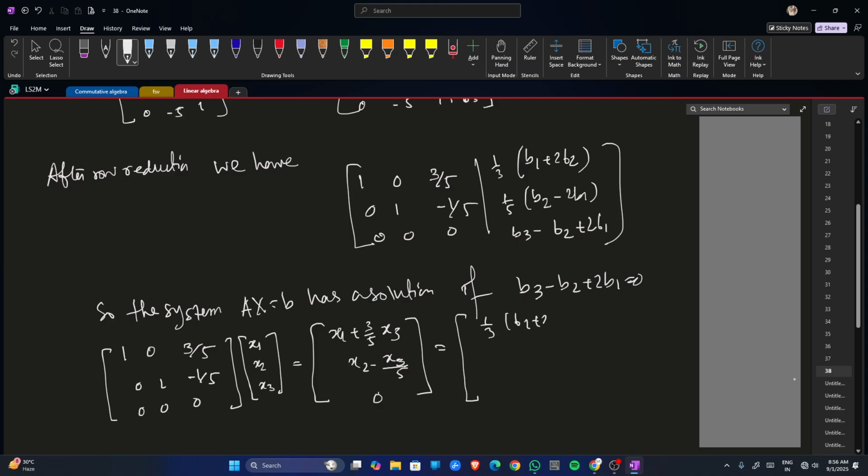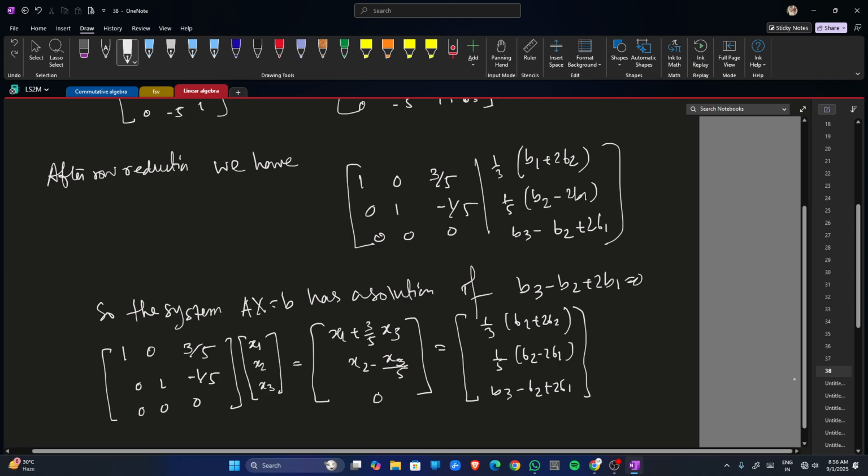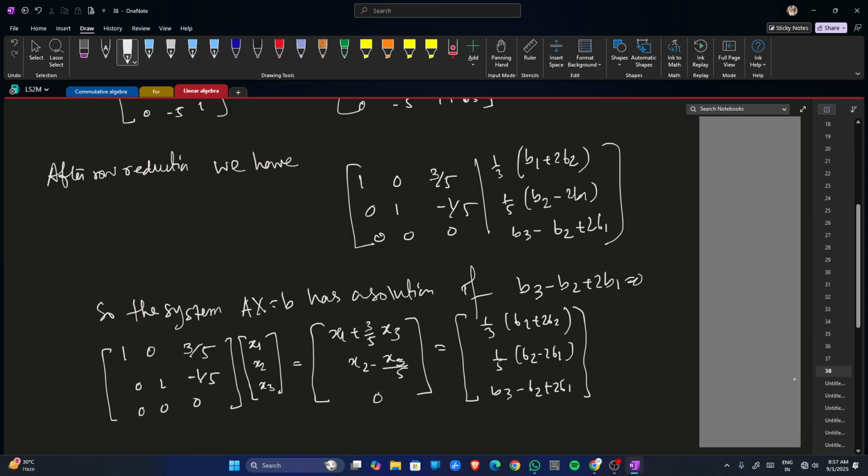So if this entry is not 0, then these two matrices are not the same. In order to have a solution of this system, this last entry should be 0.